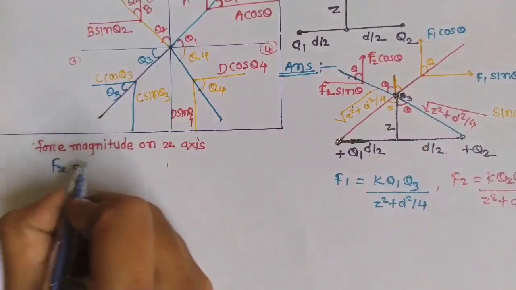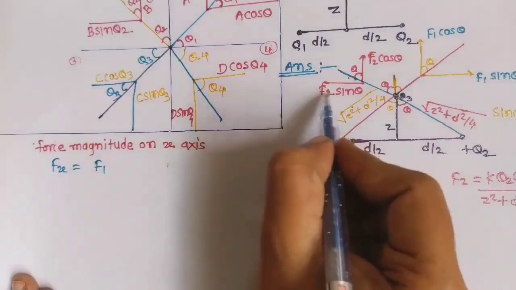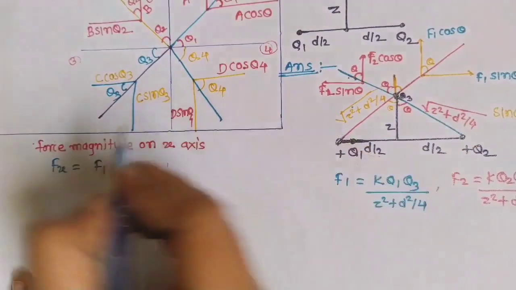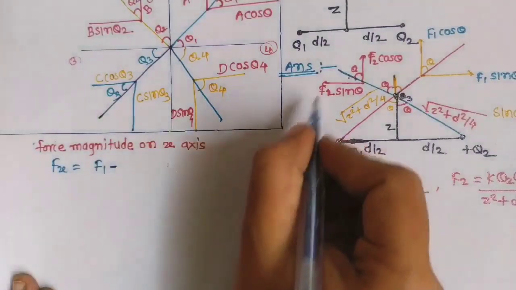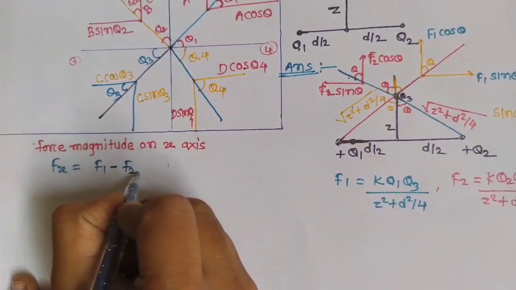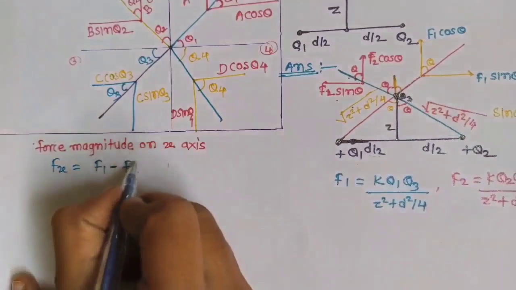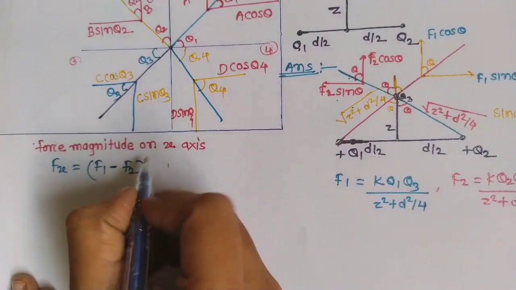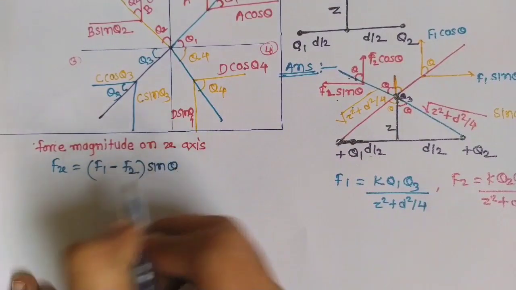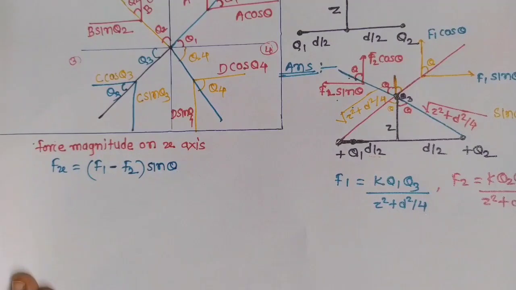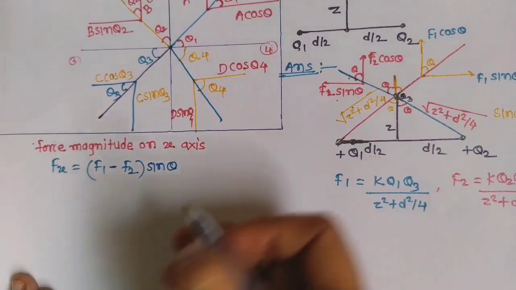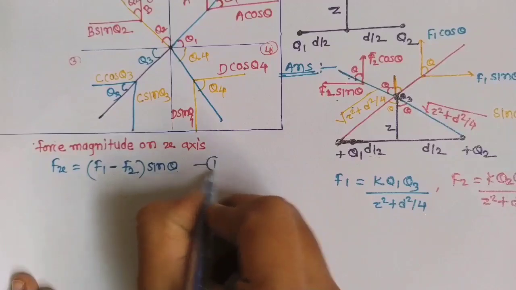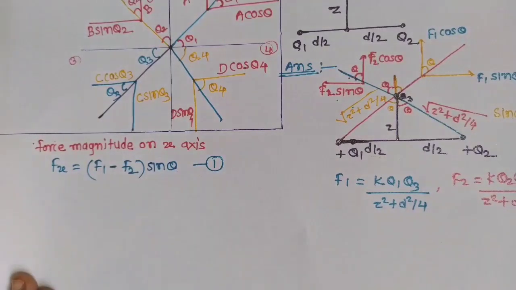F1 sin theta is in the right hand direction, therefore it is positive, and f2 sin theta is in the left hand direction, therefore its sign is negative. It is (f1 minus f2) sin theta. It is the force magnitude on x-axis. This is equation number 1.